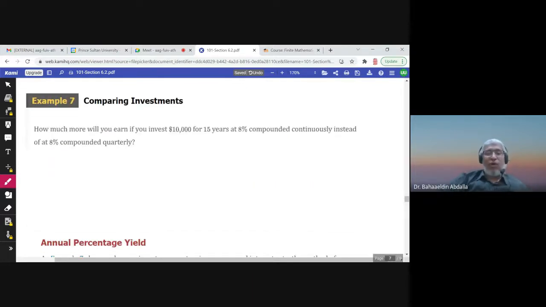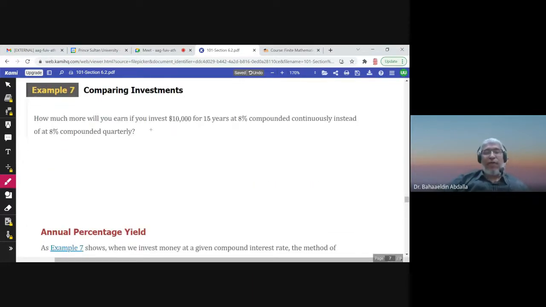How much more will you earn if you invest 10,000 for 15 years at 8% compounded continuously instead of at 8% compounded quarterly? Okay, let us find the first investment.